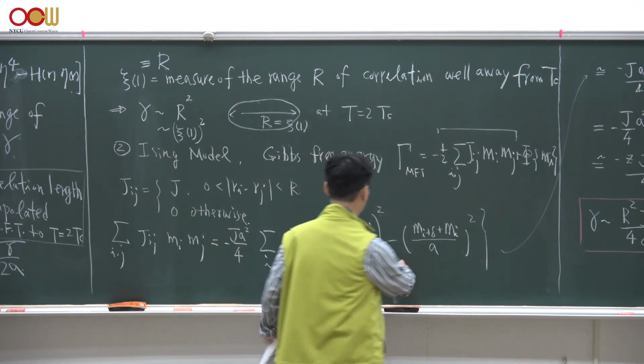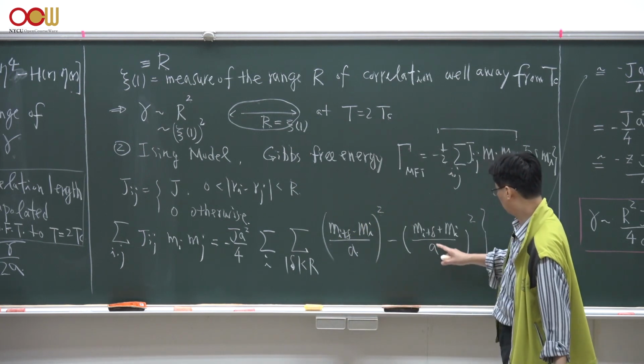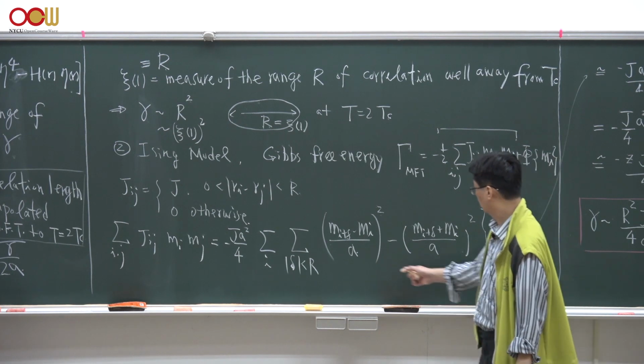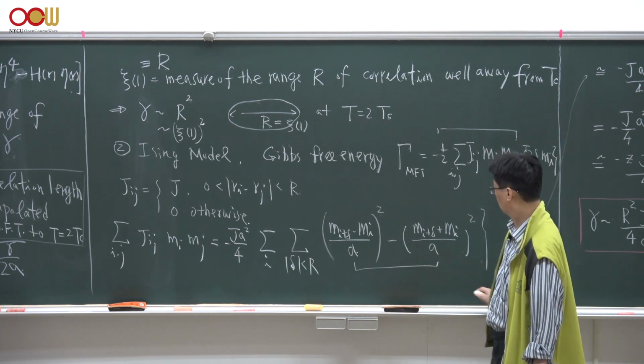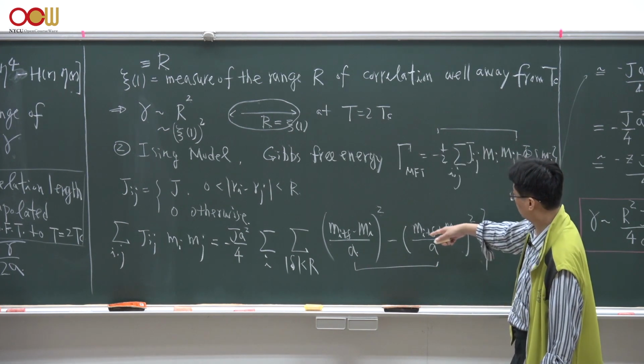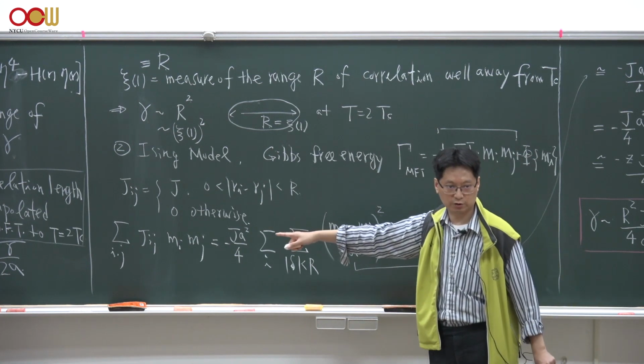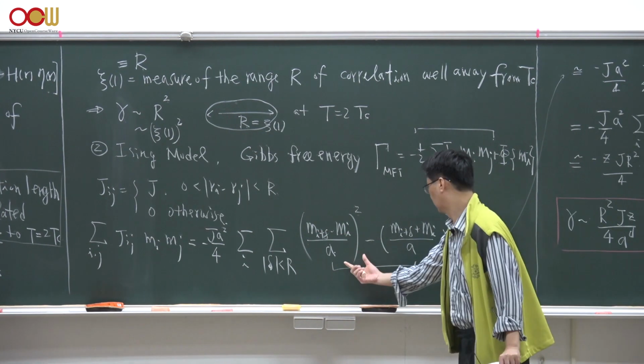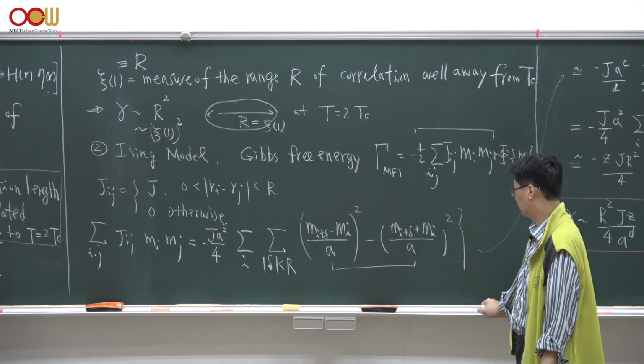But this has to be subtracted by the other term, which is the average of these two magnetizations. If you subtract these two terms, you get back to the original MiMj term. So you can separate this term into a squared difference between these two terms.